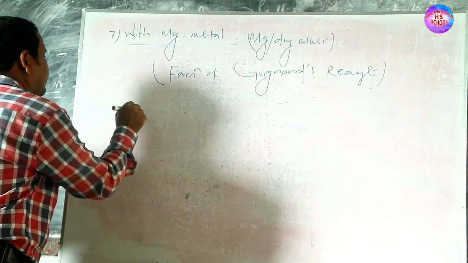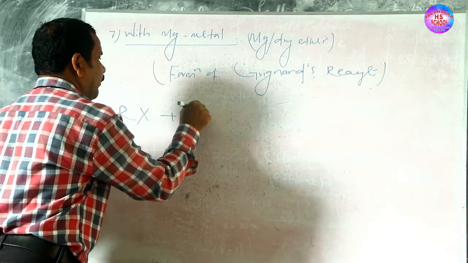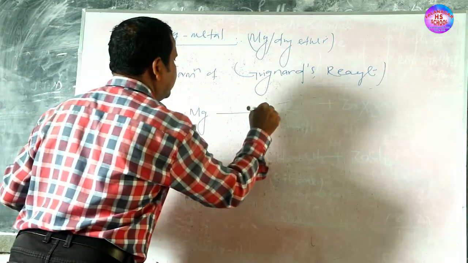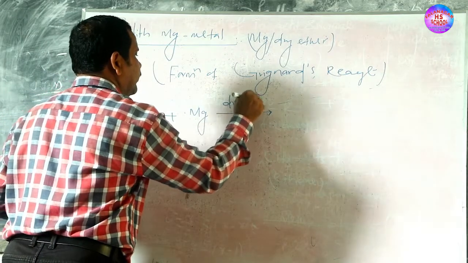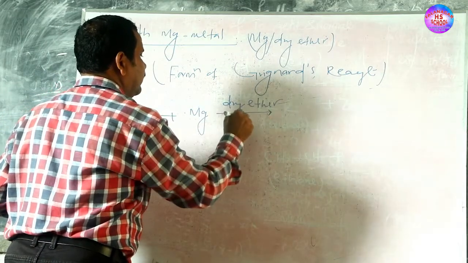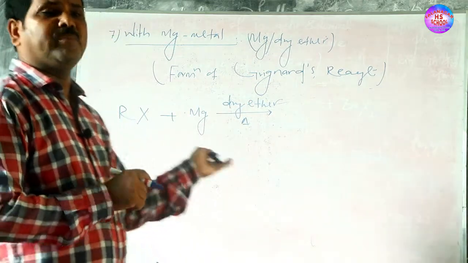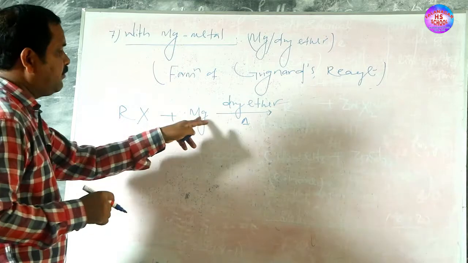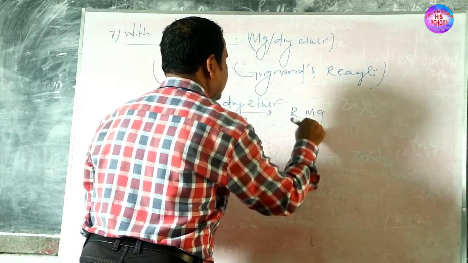Alkyl halide RX plus magnesium metal in presence of dry ether, and upon heating we get an addition product, RX plus Mg, that is RMgX.